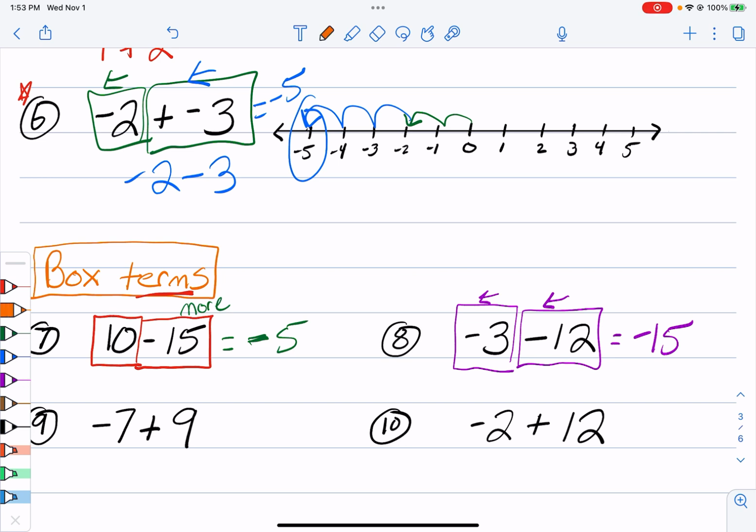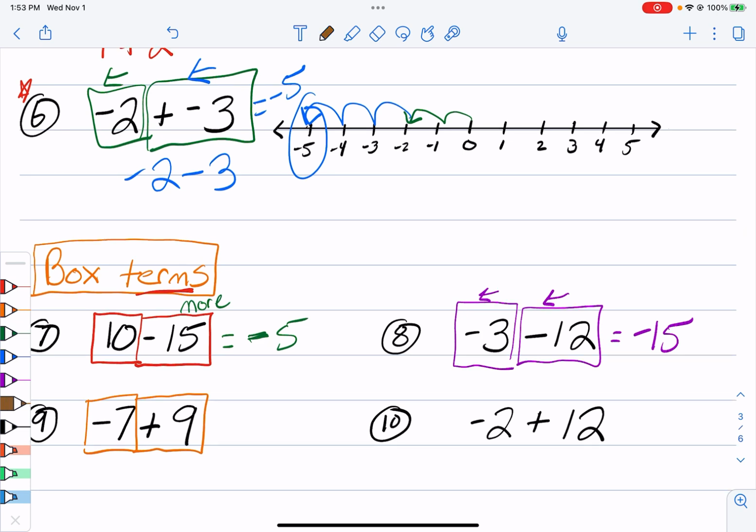Okay, number 9. Let's box those pieces. We have a -7 and a +9. So this is going to be very similar to number 7. So -7 means to the left, but +9 means to the right. We're going in opposite directions.